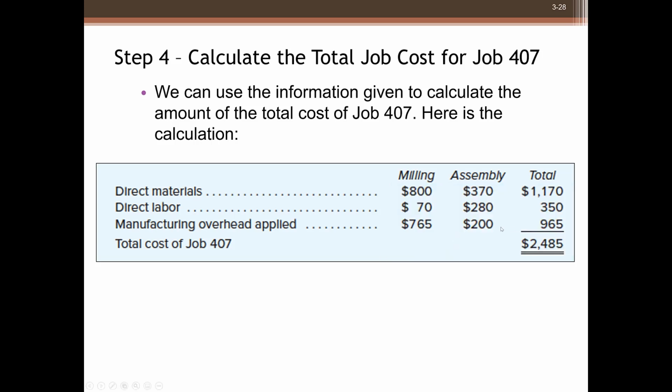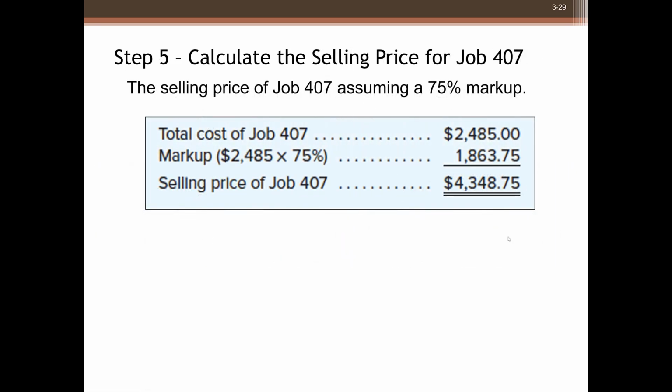Those are the calculations. And then we can combine all costs together for both departments, and then we can get the total cost for this job for this company, $2,485. Step 5, we can calculate the selling price for job 407. The question has told us the selling price of this job assumes a 75% markup. That's a markup increase on the cost.